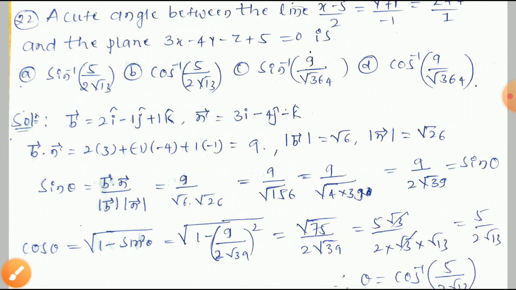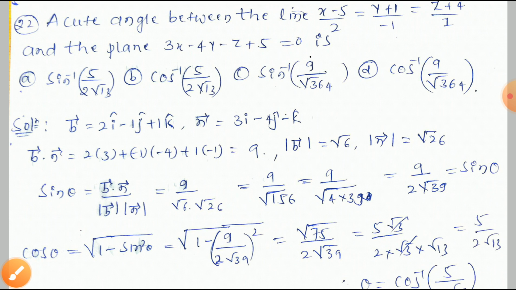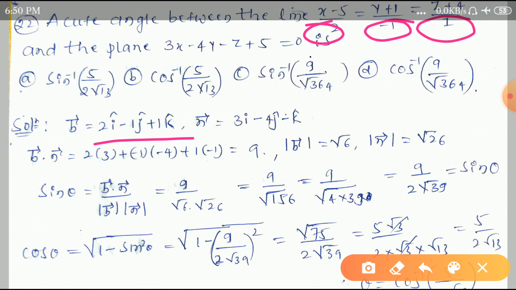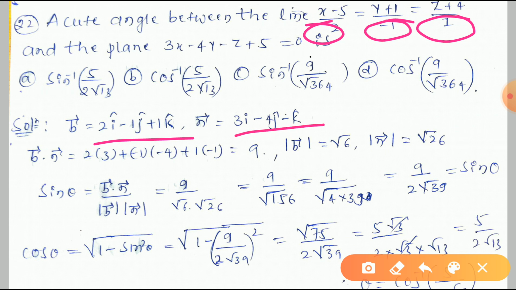Here vector b is equal to 2i minus 1j plus 1k. Vector n is equal to 3i minus 4j minus 1k.